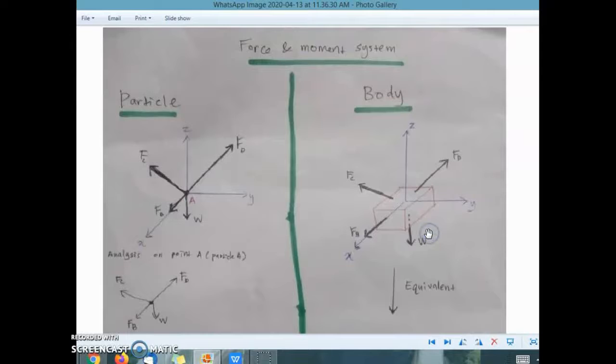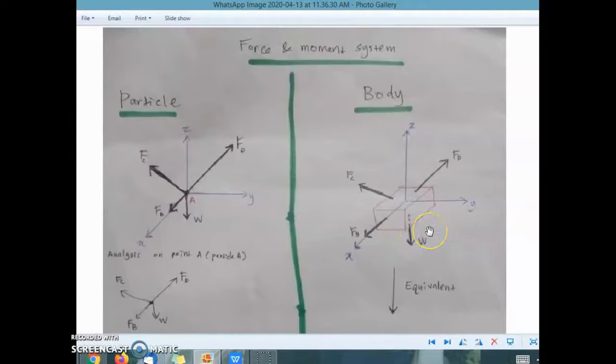So how do we want to analyze if the force and moment is subjected to a body like this? If it is a point, we simply can do the analysis because it's just one point. But how about the body? Because the body is one big body like this.